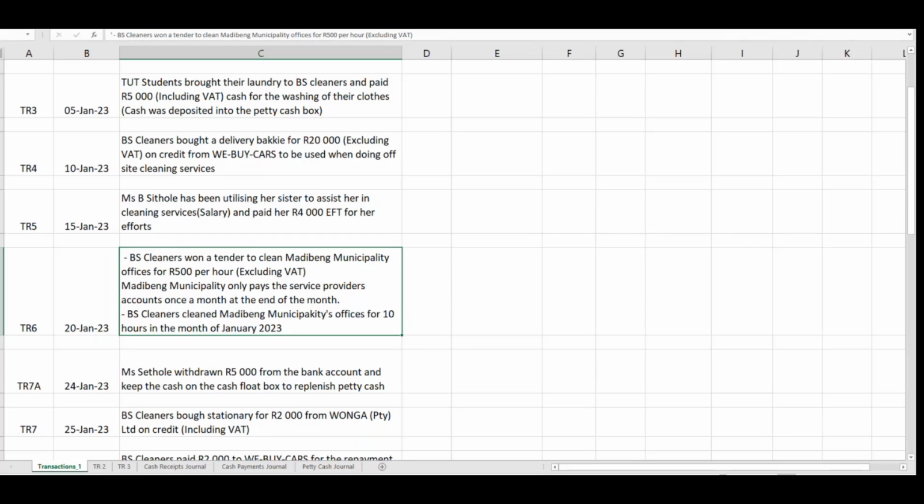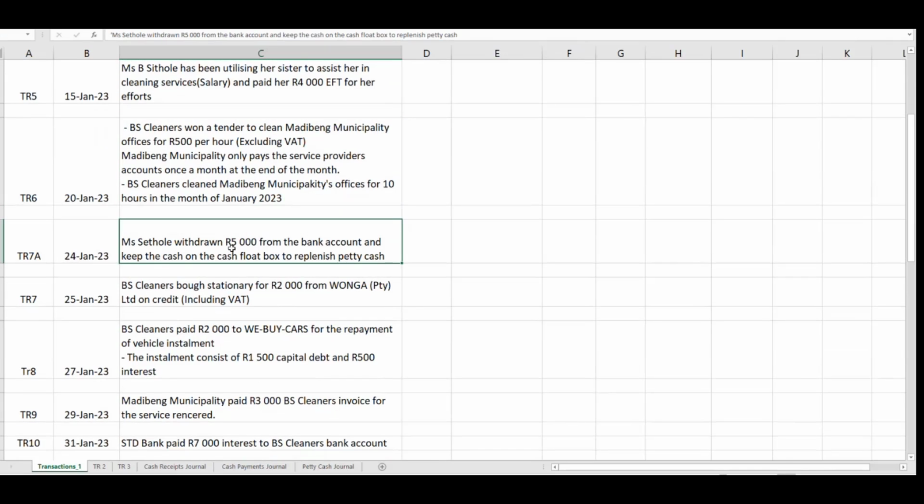It's called the sales journal, which we will do in the next class, but none of the 3 accounts that we're dealing with today. Not cash receipts journal, not cash payment, and not petty cash, because there is no cash here as yet. Okay, let's move to transaction number 7A.